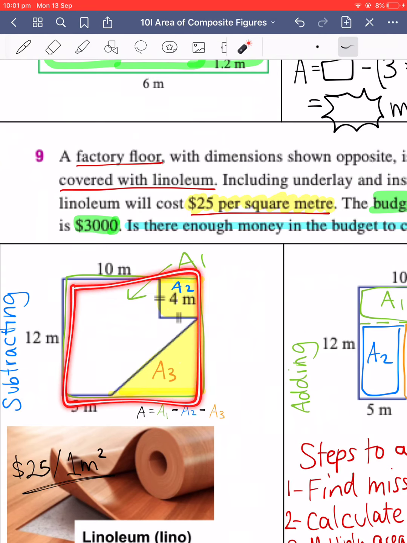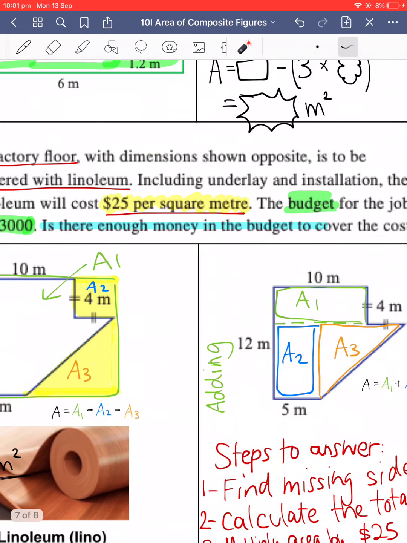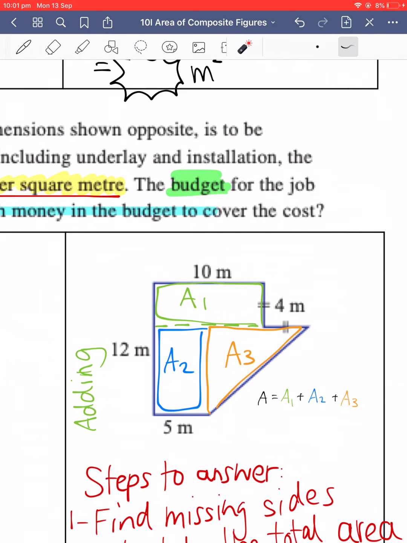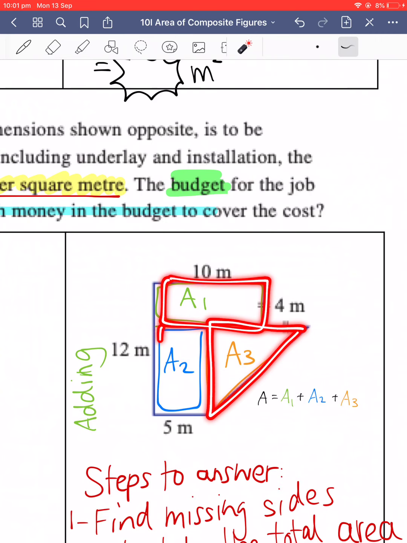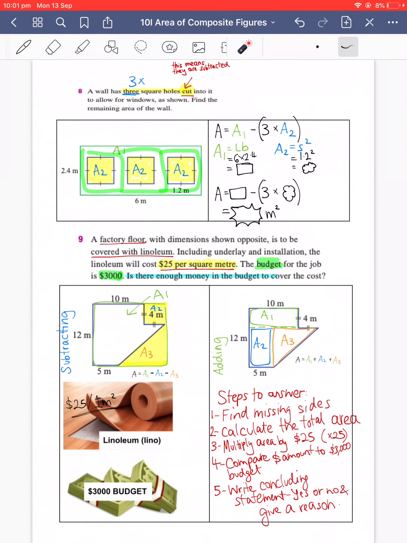I've done this large rectangle, and then I've taken away a square, and then I've taken away also a triangle. So that is the subtracting method. You may prefer, your brain might like, the adding method. So another way you can do, again, we're looking for familiar shapes. I have a rectangle here, another rectangle here, and a triangle here. So I add those all together and I can actually go from there.